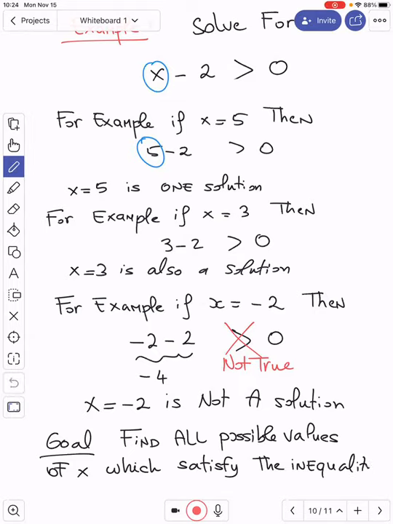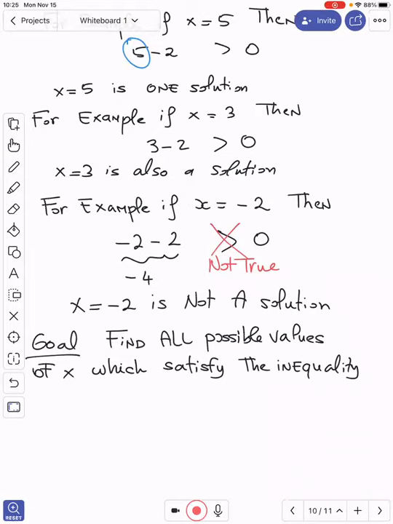That's what I mean by solving for x. One solution is not enough; we have to find all possible solutions. That's what I mean by solving the inequality: finding all possible values of x which satisfy it.